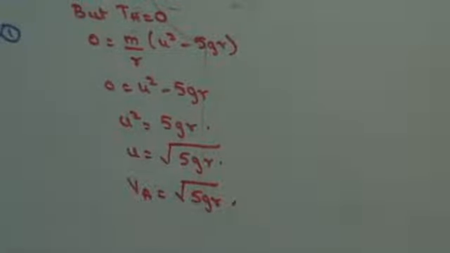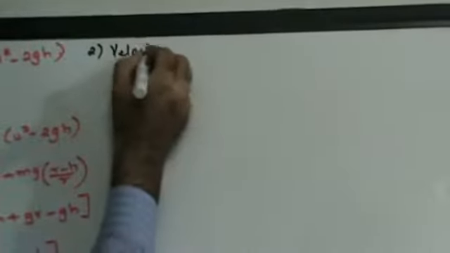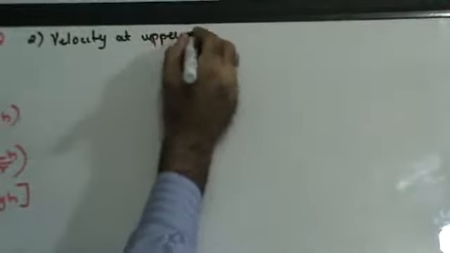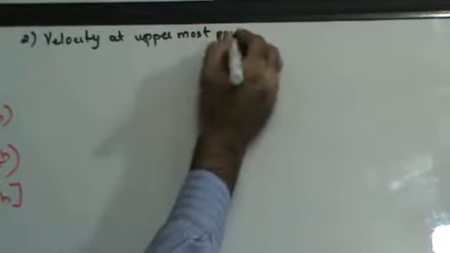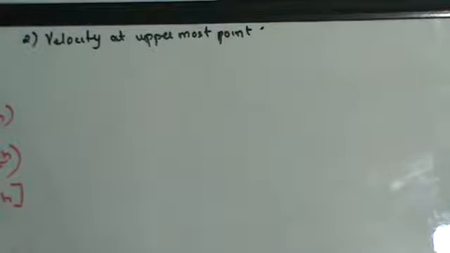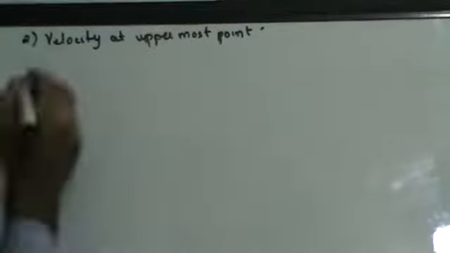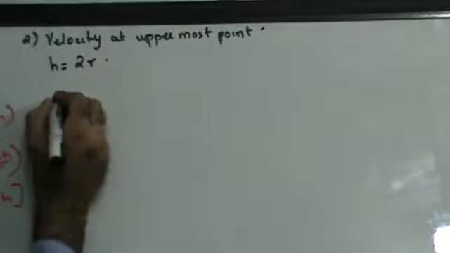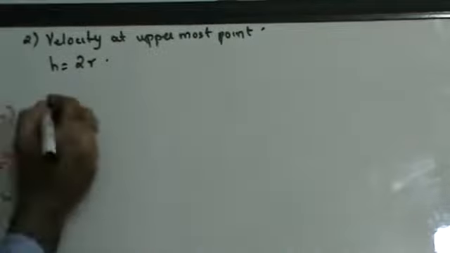Right? Next, let's find out the velocity at the uppermost point. At the uppermost point, h is equal to 2r, because the body has covered a distance of 2r.